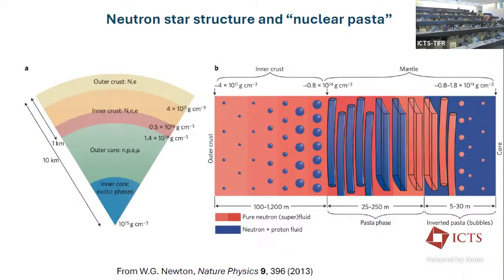One key point to keep in mind is that if the rotation is too fast for a given neutron star, there will naturally be mass shedding at the surface. The matter at the surface literally flies off if you try to spin a star up too fast.